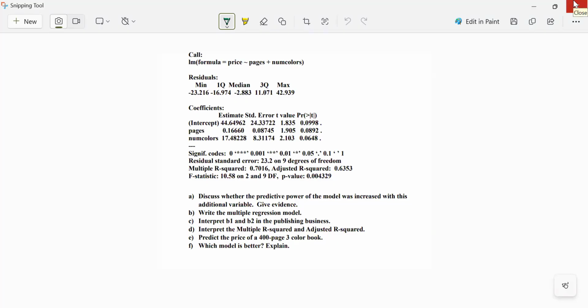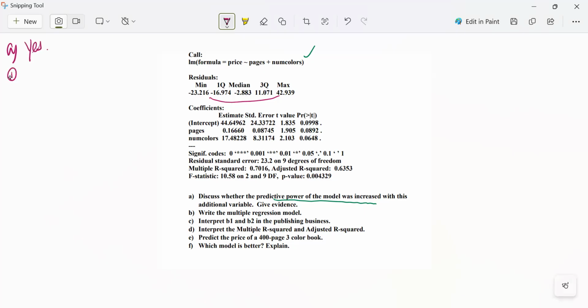So I discuss whether the predictive power of the model was increased with this additional variable. So adding another variable, number of colors, and looks like it is, right? First of all, the range of the residuals has been decreased. There are three reasons the predictive power was increased, so the answer is yes.